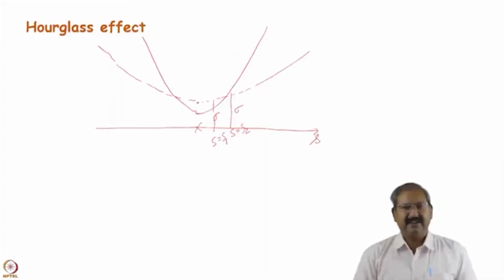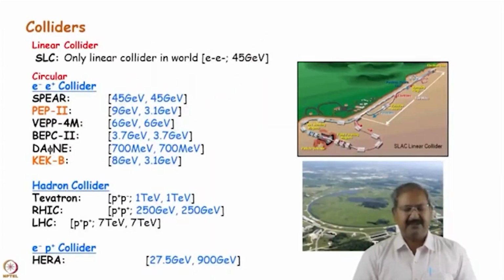In reality there may be imperfections in the dipole magnets during manufacturing or fabrication, in the quadrupole also. During placement there may be misalignment also. So these things deteriorate the parameters which we have evaluated. So in that case luminosity will also be decreased. Those are all effects which decrease the luminosity, and one has to control them so that luminosity does not decrease much. Otherwise the rate of events will decrease.